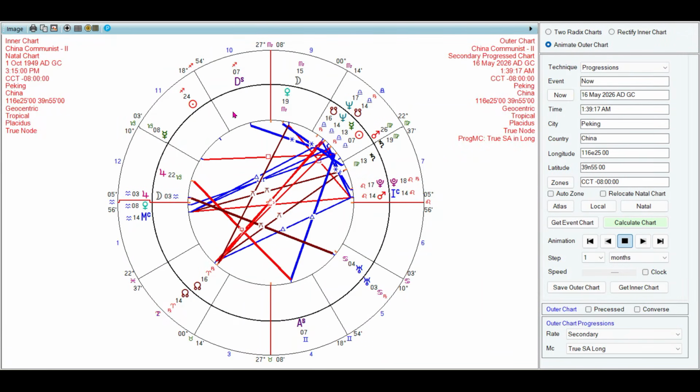Friends, this is the chart of China, and I have taken the chart of the China Communist Party, which was formed on 1st October 1949 at 3:15 p.m. at Peking, China. The inner circle depicts China's chart, and the outer circle signifies the progressed planets, as of today.